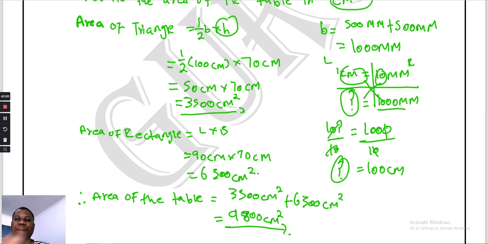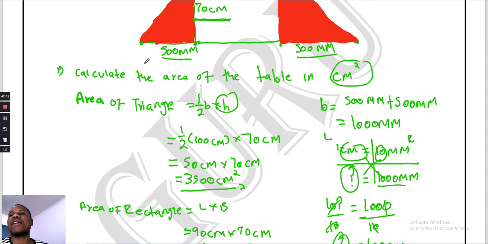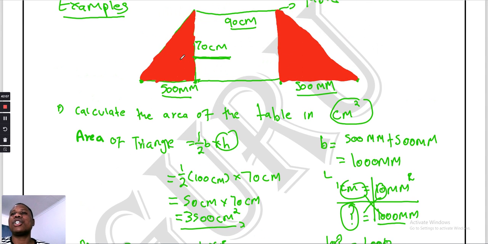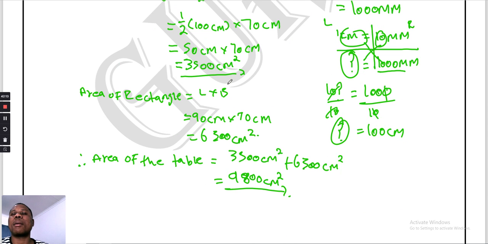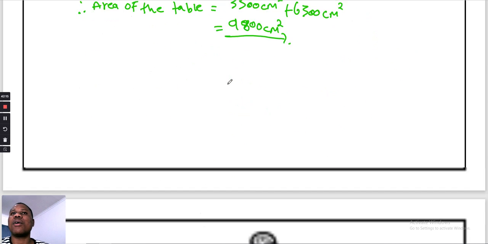Okay, then that will be our answer. We first calculate the area of these two right angle triangles by combining them, and then we also calculate the area of the rectangle, and then we combine them.